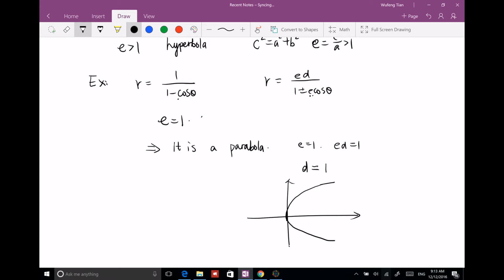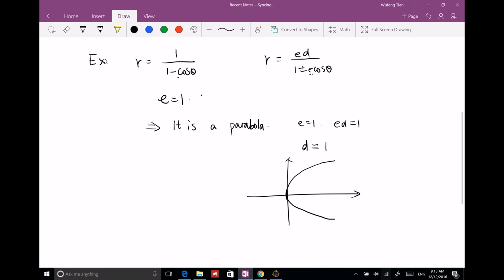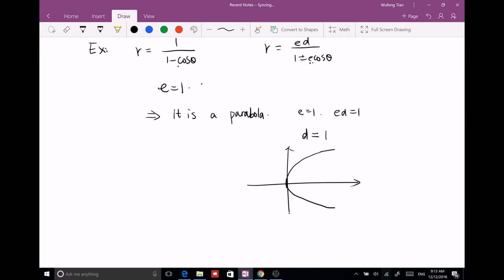Because r is positive, and the directrix is x equals negative d, equals negative 1.